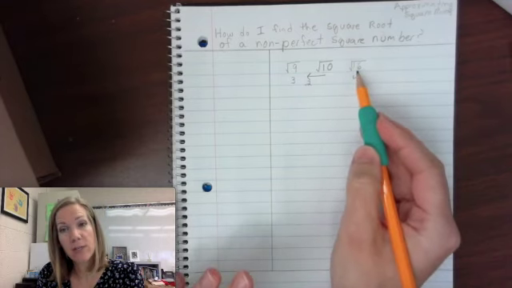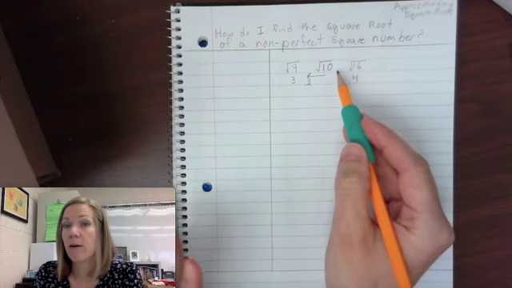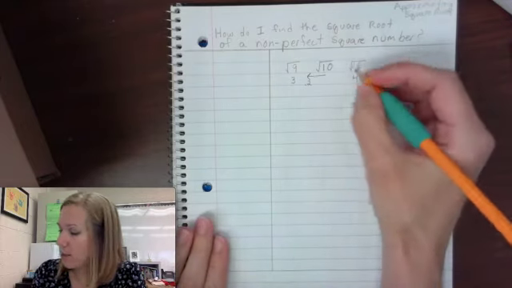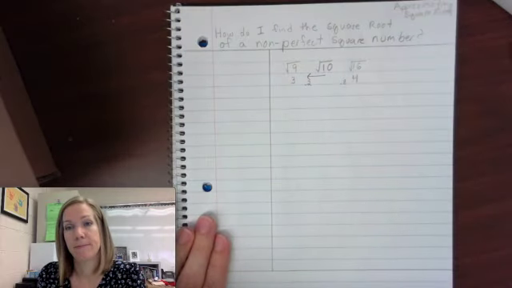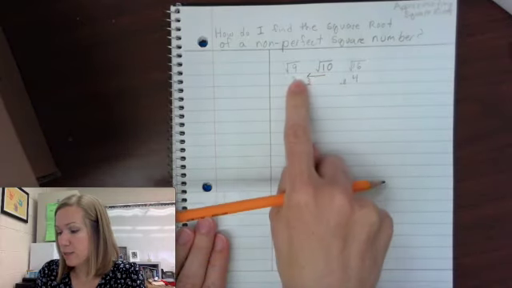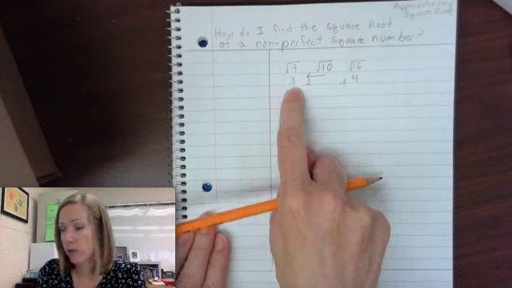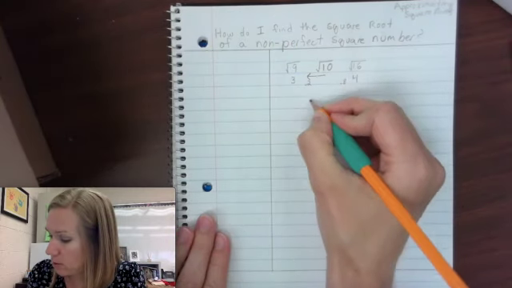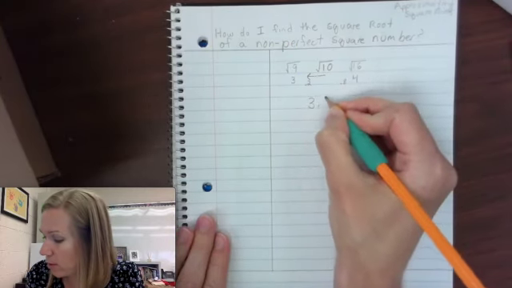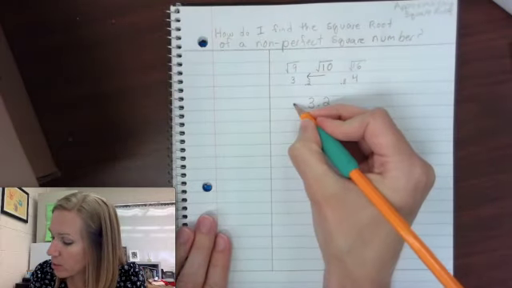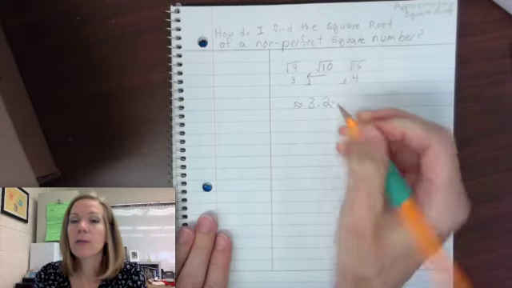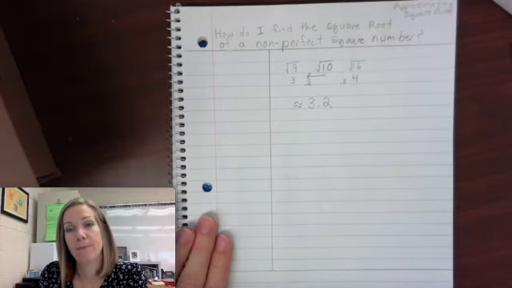And if it's closer to the 16, let's say it was the square root of 14 or the square root of 15, then I would approximate it as a 0.8. Now we can see that it is closer to the square root of 9, so we're going to go 3.2. Okay, and this is an approximation, so you put the little approximation symbol.